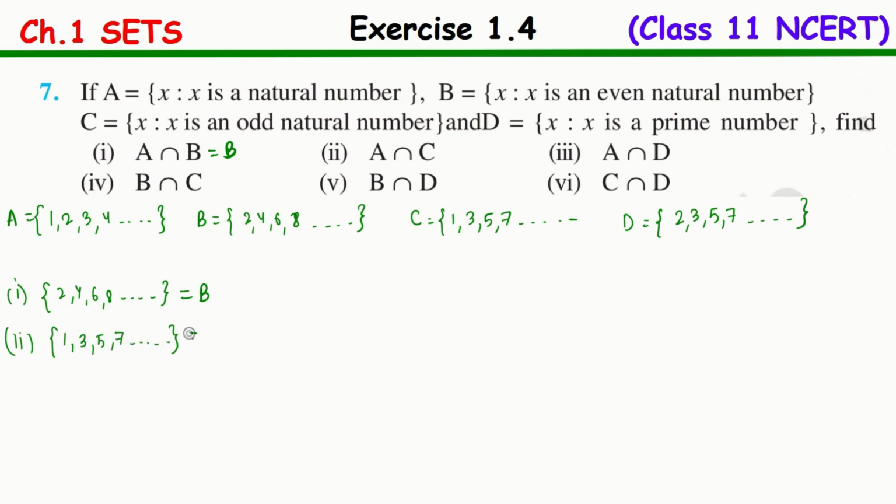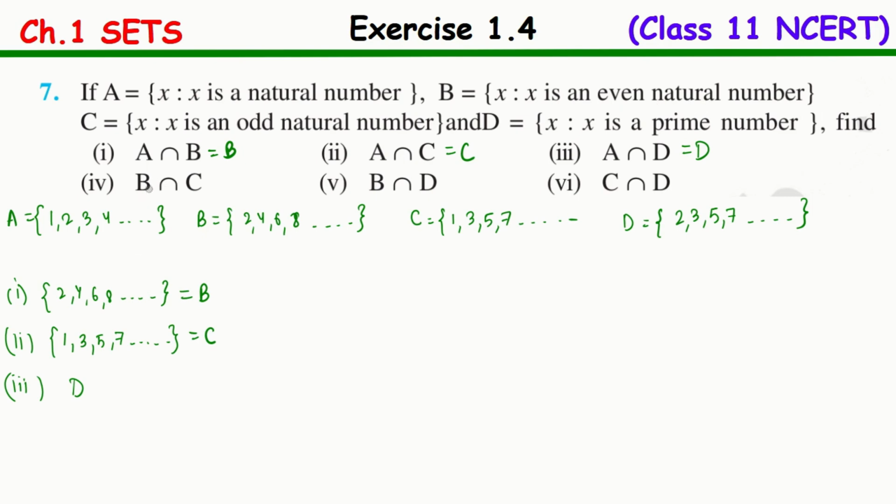So this is nothing but the set C. So you can see that A intersection B is coming B and A intersection C is coming C. Also A intersection D will be nothing but the set D. The reason for this is that A is the bigger set, and B is a subset of A. C is also a subset of A and D is also a subset of A. So we have used this property, so this will be D.